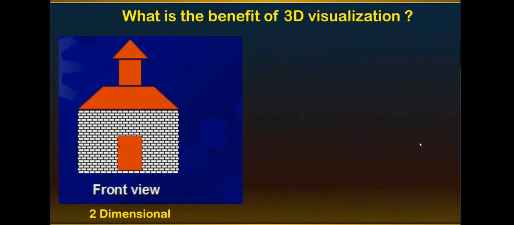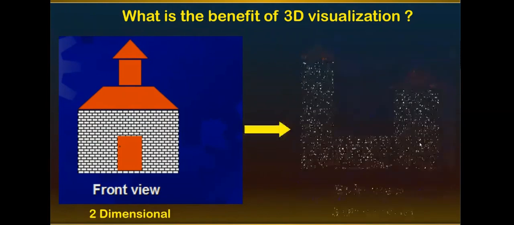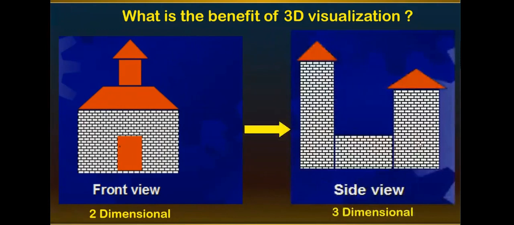You will have a certain imagination about this house's size. But if you go to the side of this house and check a side view, you will find something totally different than what you got from the first image alone.